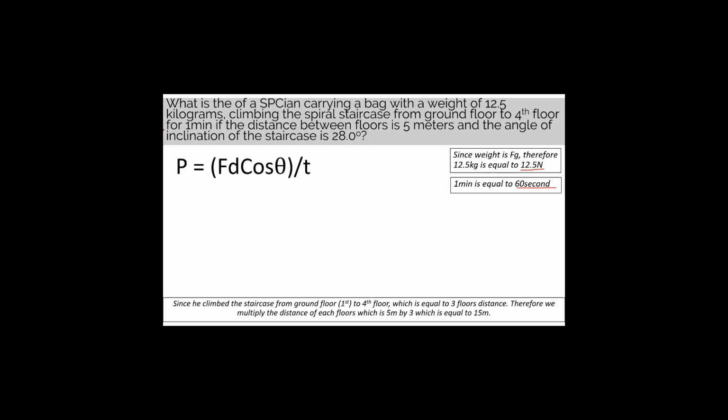And the distance is equal to 15 meters, which is 5 meters times 3 floors, the 3-floor interval. So 12.5 times 15 times cosine 28 is equal to 165.5526737, divided by 60 seconds, which is the time interval, and that is equal to 2.7592112228.